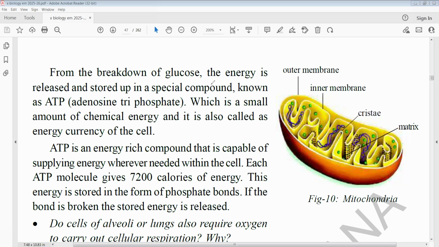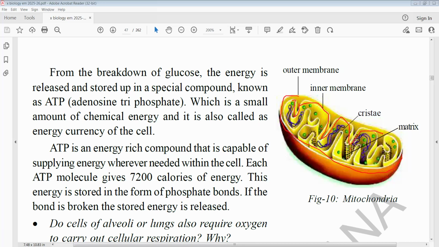We know that mitochondria are the powerhouses of the cell because they are the sites for respiration, carry out cellular respiration and produce energy. The structure of mitochondria consists of two membranes, an outer membrane and an inner membrane. You can see that the inner membrane has folds. These folds are called cristae.